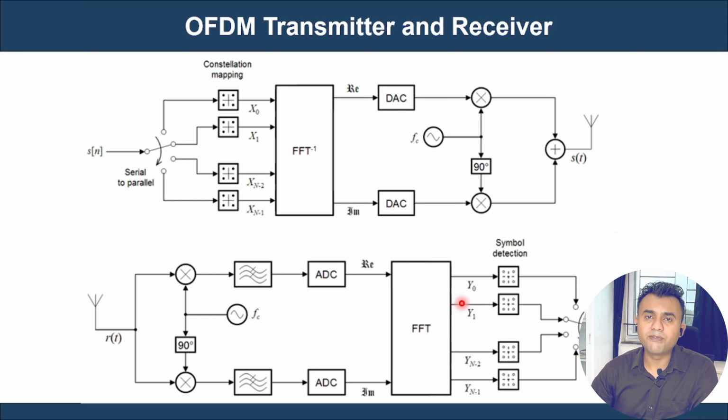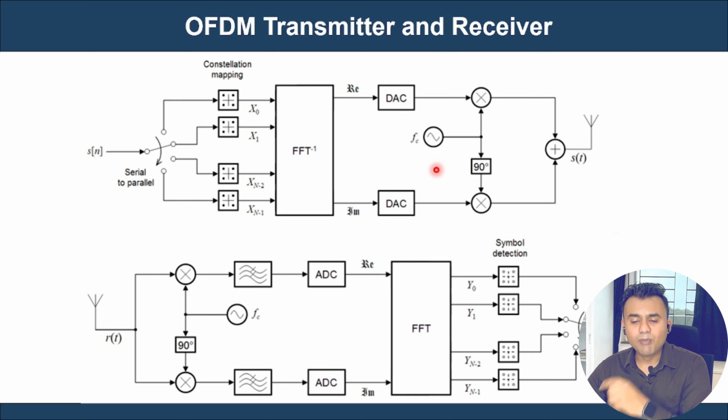If I look at this OFDM transmitter and receiver, I have my data here, all the symbols, that constellation diagram I just showed. Those symbols, x0, x1, x2, and so on, are taken here. I take the inverse fast Fourier transform, then I take the real and imaginary components, and then I perform the DAC, digital to analog conversion.